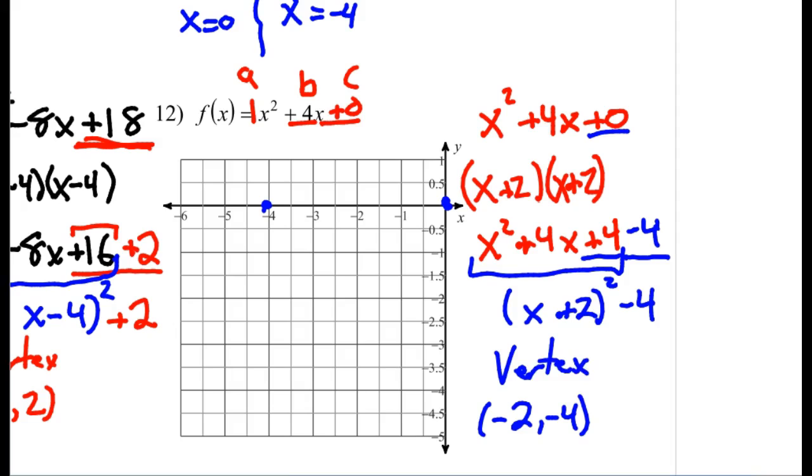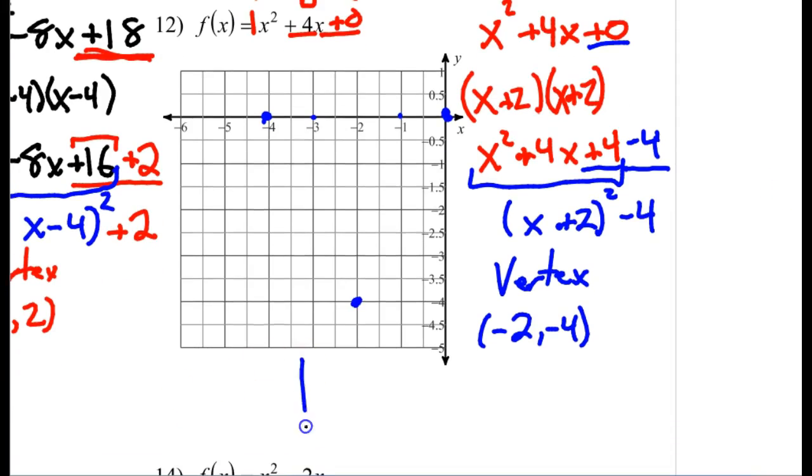I know my vertex is -2, -4. So that's right here. So I can see it looks like this. Maybe do a t-chart to figure out, well, what are the values for -1 and -3, which will be the same.